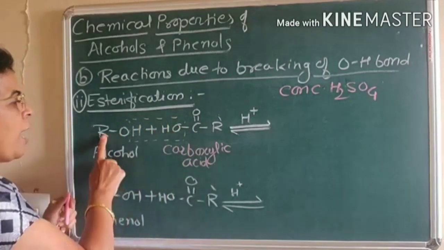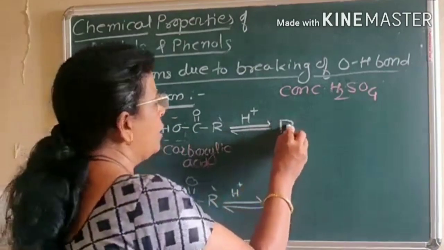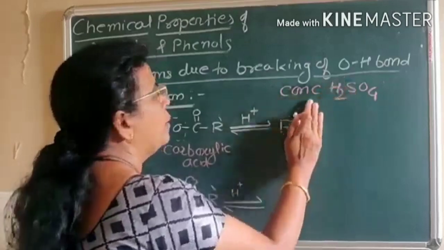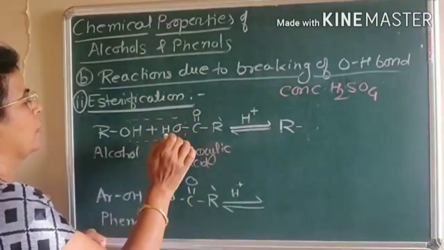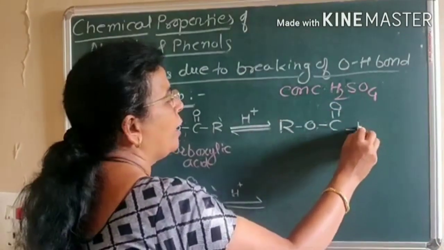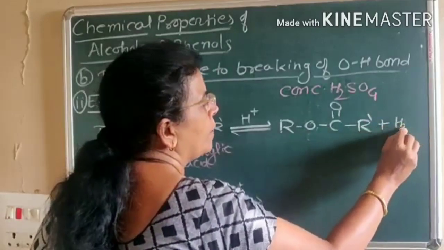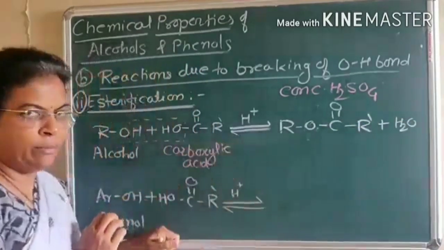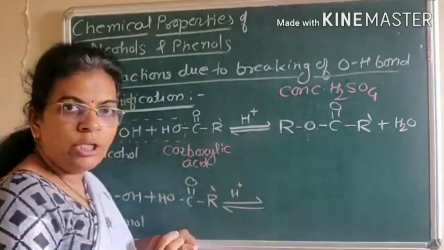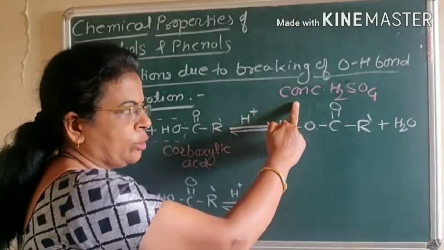H2O is removed and this R' gets attached to this carbonyl group to form R C double bond O, O R', plus H2O. This reaction is a reversible reaction. If acid is not used, then this reaction is reversible. But we are going to use this concentrated H2SO4.